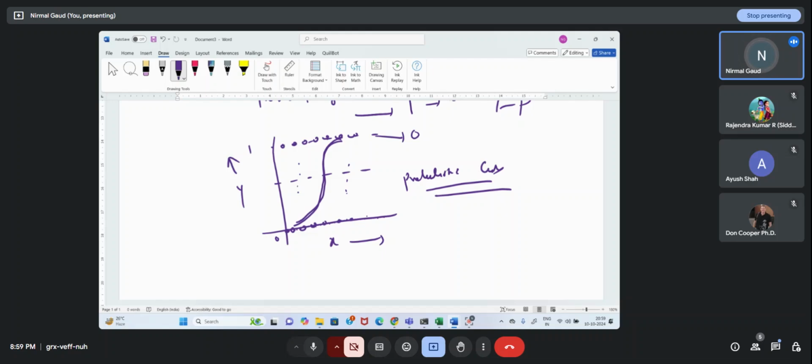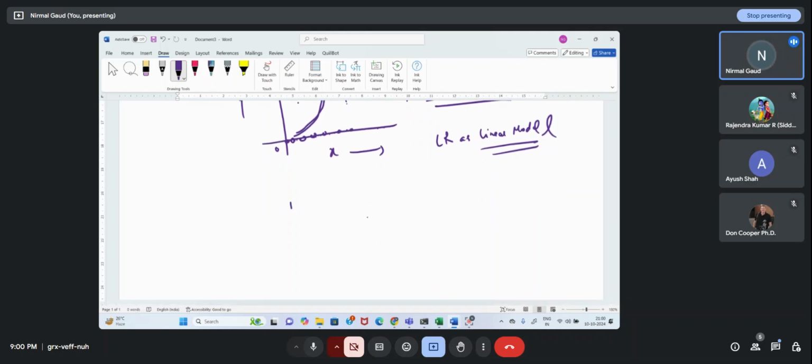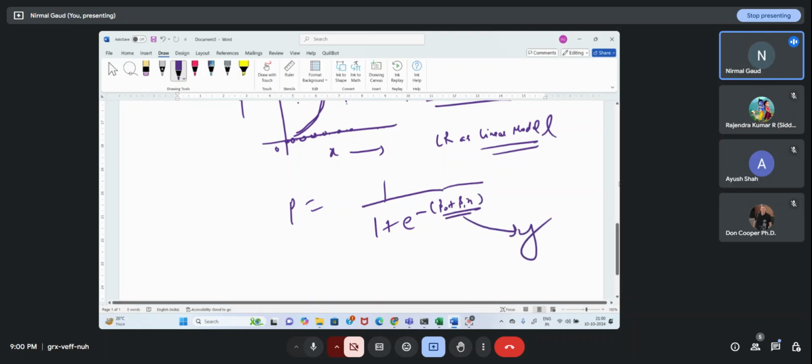You are still learning logistic regression as a linear model. Logistic regression comes under linear models. That is why in the probability also I have written 1 upon 1 plus e to the power minus (beta naught plus beta 1 x). This is your y.